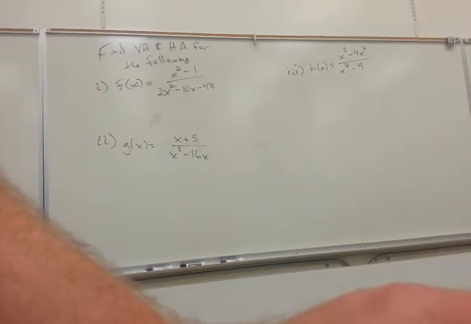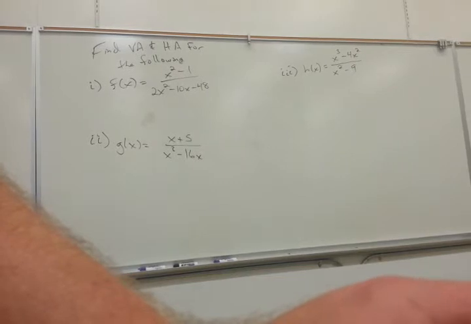We knew this one. The horizontal asymptote is 1/2.